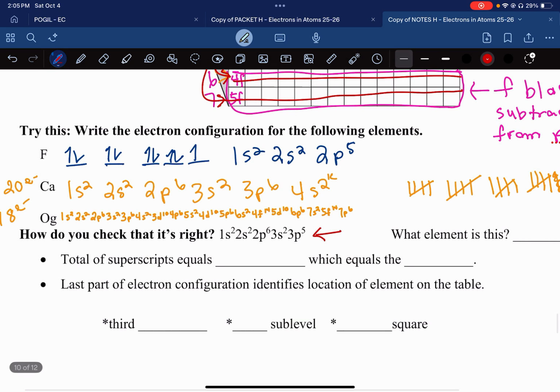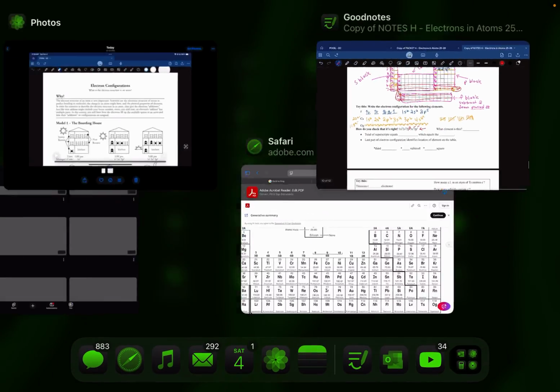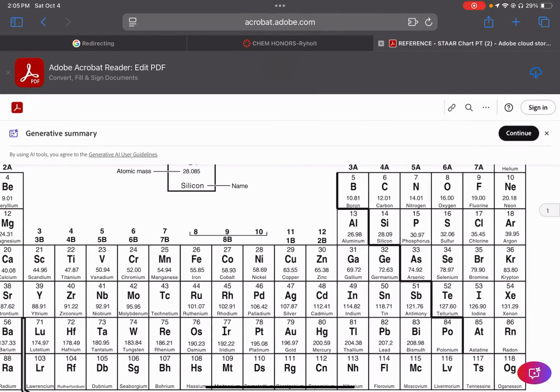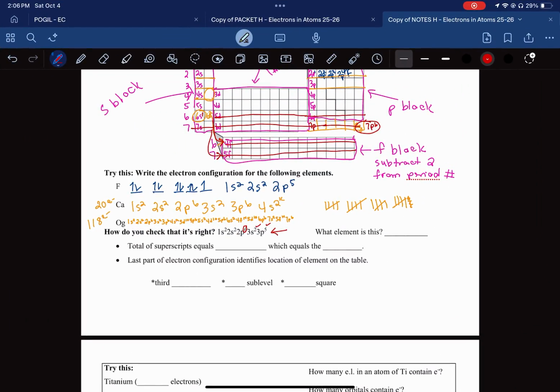Like I was saying before, if you're going to write the electron configuration for a certain element, the way you know that you have done it correctly is that all these superscripts are going to equal your atomic number. So it's 2, 4, and then this would be 10, 12, and then 17. Okay, so which element on our periodic table has atomic number 17? It is chlorine. So chlorine.